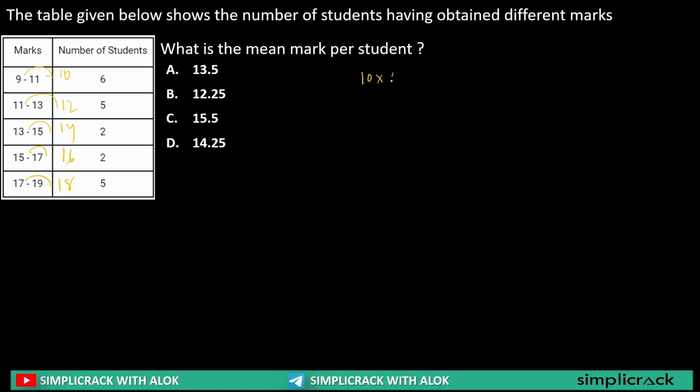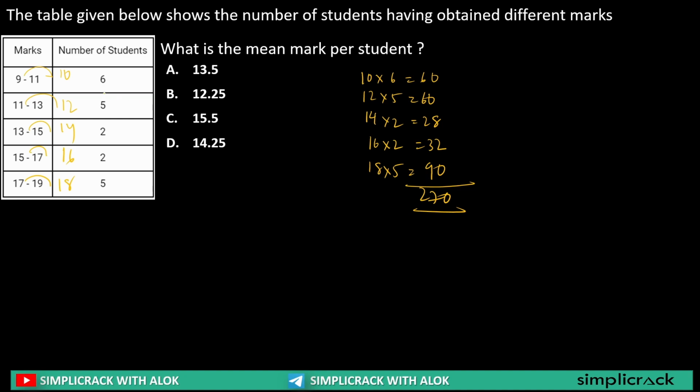So 10 into 6 is 60, 12 into 5 is 60, 14 into 2 is 28, 16 into 2 is 32, 18 into 5 is 90. So the sum is 60, 60, 120, 60, 180, 270, divided by 6 plus 5 is 11, plus 2 is 13, plus 2 is 15, plus 5 is 20.